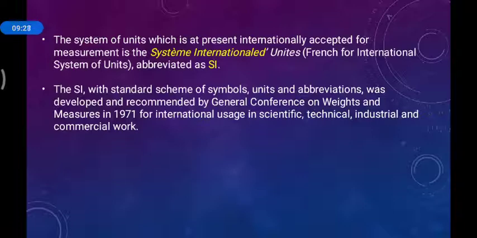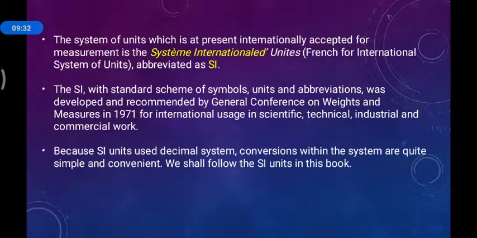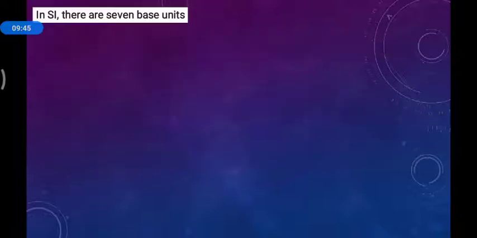In 1971 they established one SI system for all kinds of units, because SI units are a decimal system, convertible within the systems, and quite simple and convenient. We shall follow the SI units throughout the book. So in SI there are 7 basic units, as I said.